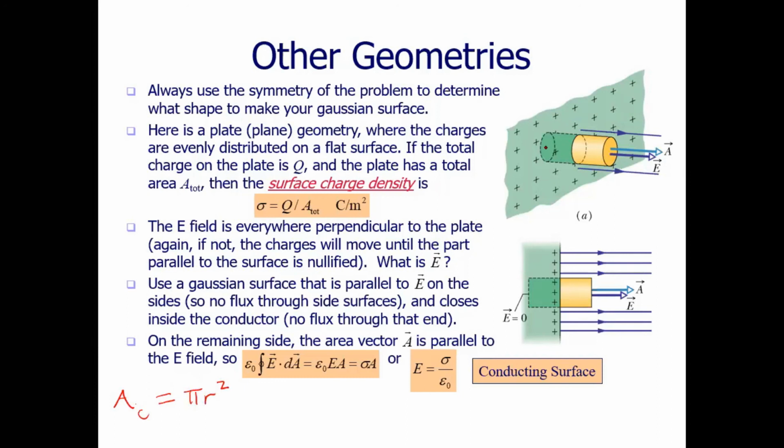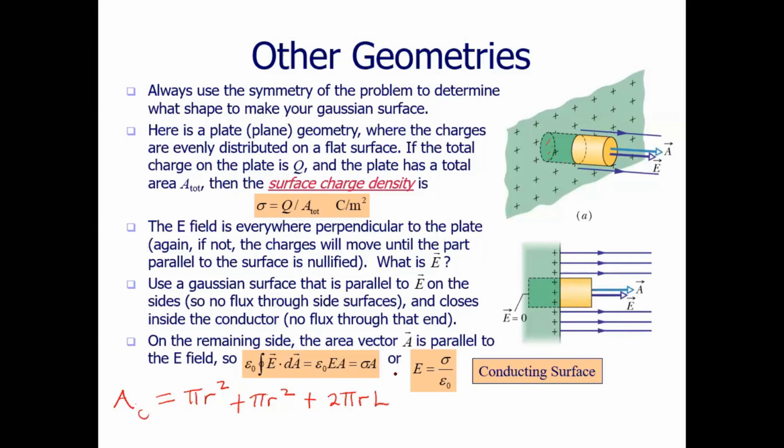The area of this circle also that is behind, pi r squared. And then the surface area of the curved part. How do you calculate that? If you remember very well, it is 2 pi r times the length.